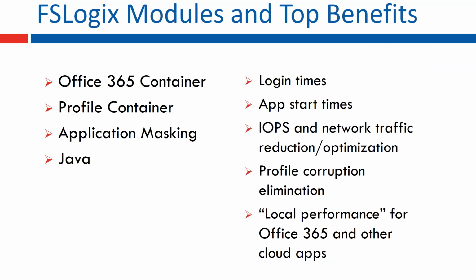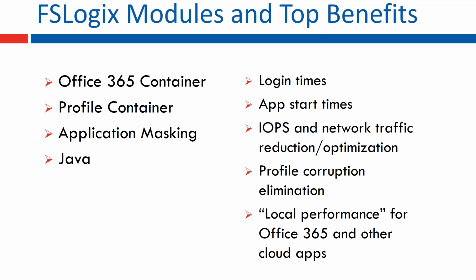So there are 4 different components. There's the Office 365 container, profile container, application masking, and Java. What you're really going to get out of this is, technically we are changing the behavior of the way that a profile is delivered. Think of having a local profile that just somehow instantly gets connected and you don't have to manage it.